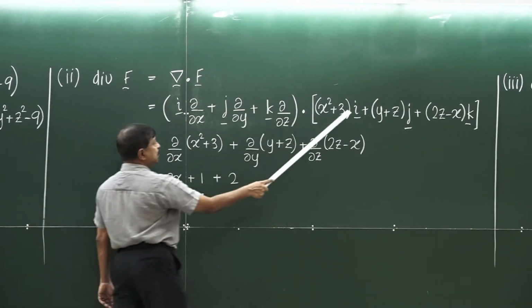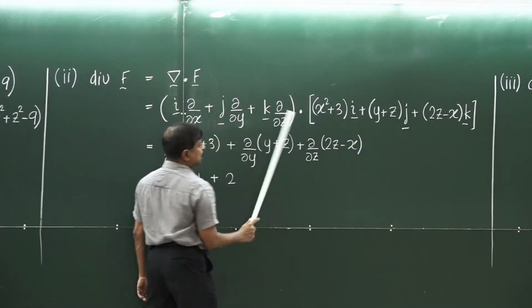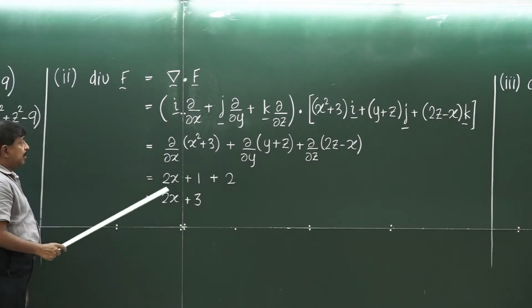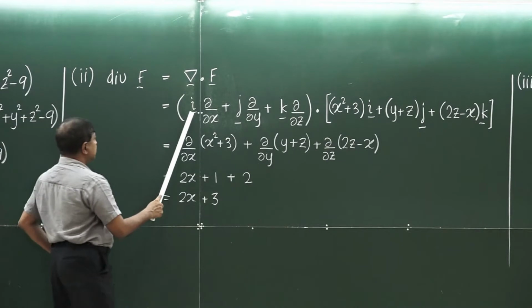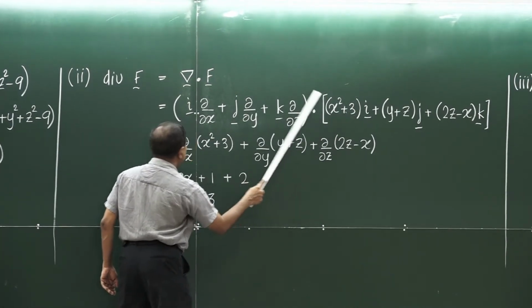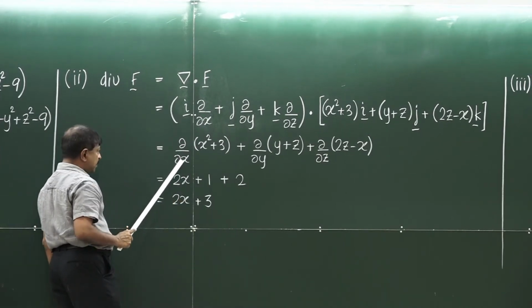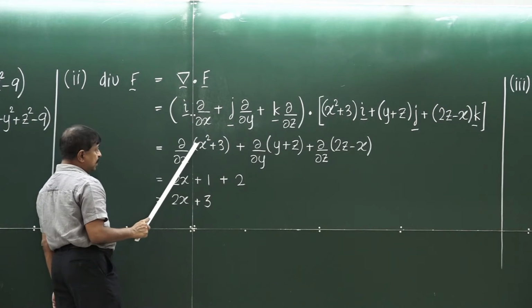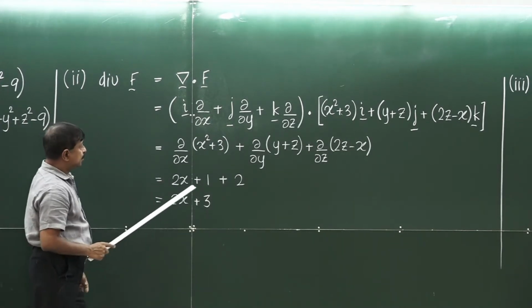So, i dot i is 1, however, i dot j is 0, i dot k is 0, we know that. Here i dot i gives you some non-trivial value, so it is 1. Therefore, this function falls on top of this one. So, you will end up with partial over partial x of x squared plus 3 here.